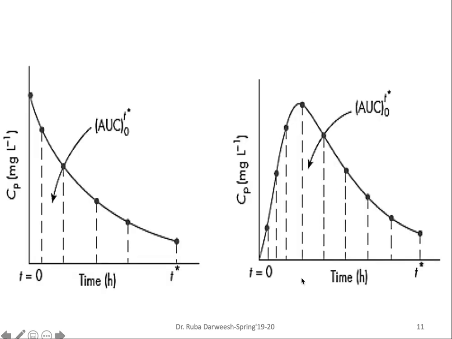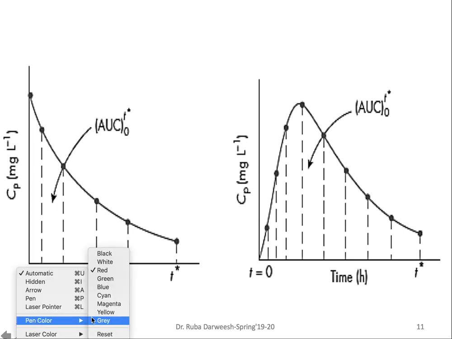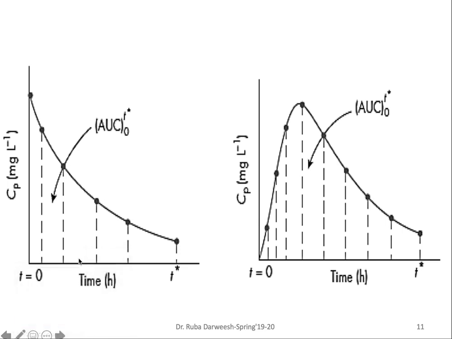Okay, so profile wise, if we are talking about IV bolus, CB versus time for IV, CB versus time for extravascular. So we are determining not only the area under the curve from 0 to a certain time, which is your T last in this and T last in this.